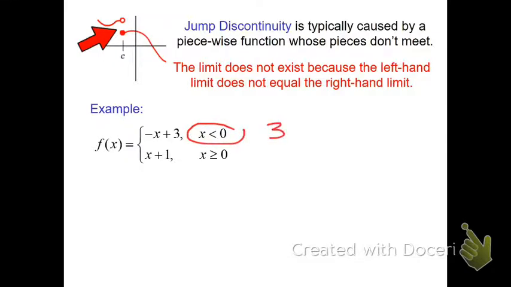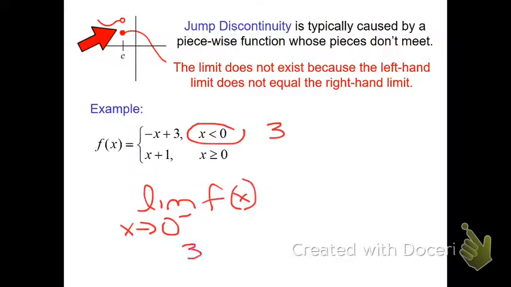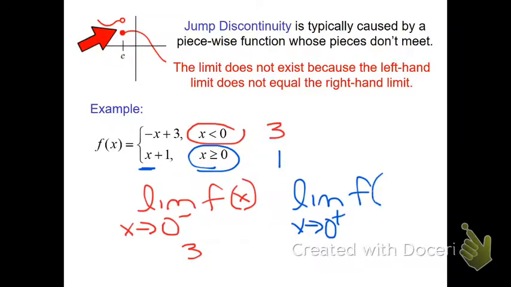What that really means is the limit as x approaches 0 from the left is 3. Now I'm going to plug in the 0 to the bottom piece, and when I plug in the 0 here, I get 1. Well, that means that the limit as x approaches 0 from the right is 1.